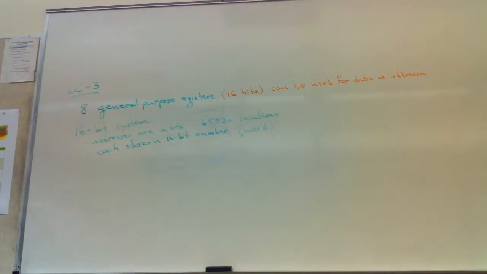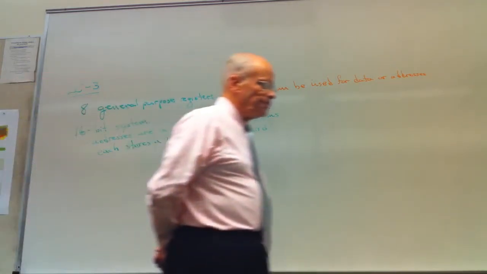That's what we mean when we say general purpose. These 8 registers can be used however you want to use them. That's what it comes down to. There are a couple of limitations, but in general, that's what we work with.